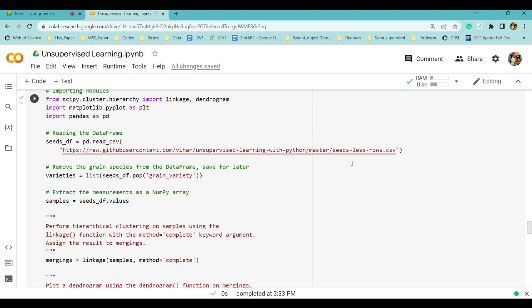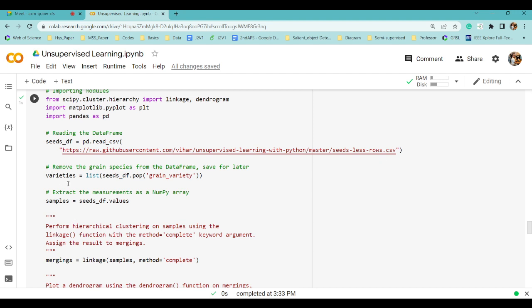So my iris data set, which we were working with, will not work here because that data set has different kinds of information which will not work for hierarchical clustering. So I've taken a seeds data set, which is more of a data set having different varieties of grains and seeds, and based on that we are doing the prediction.